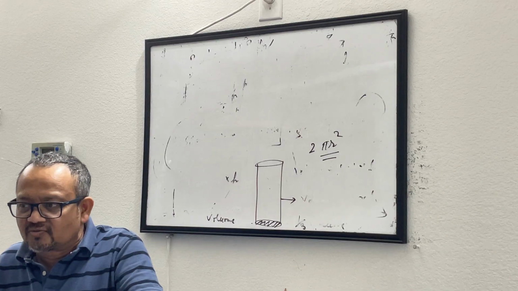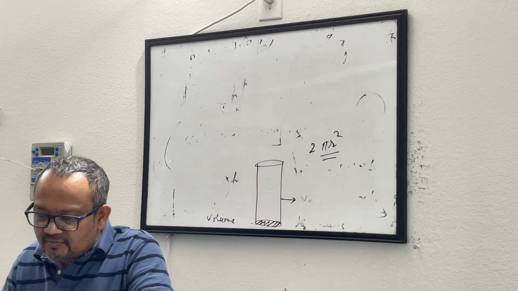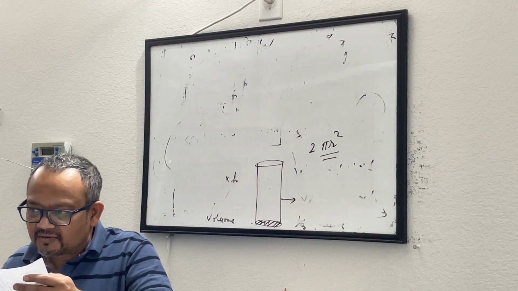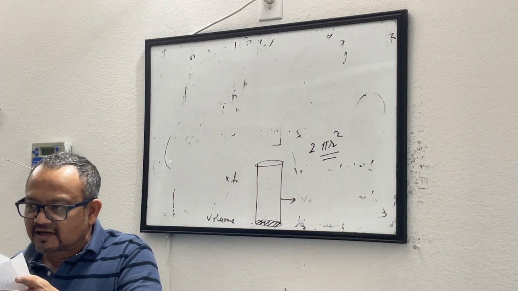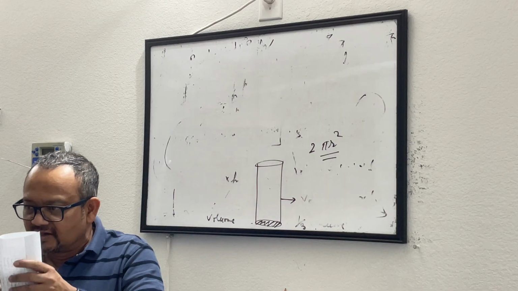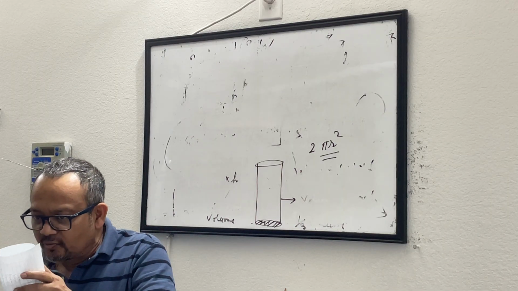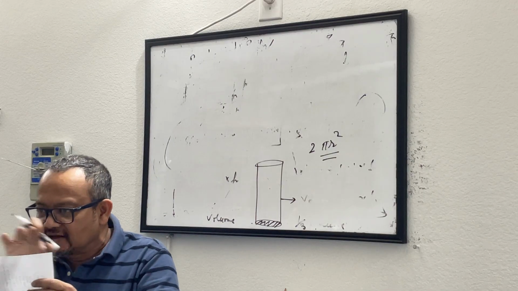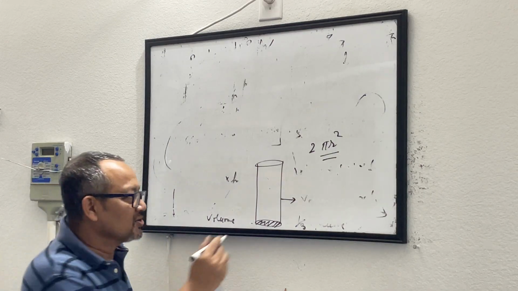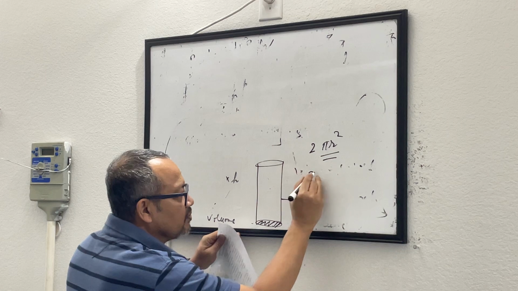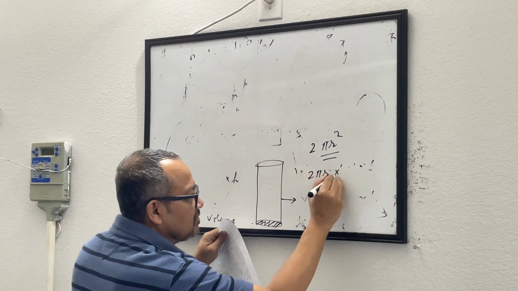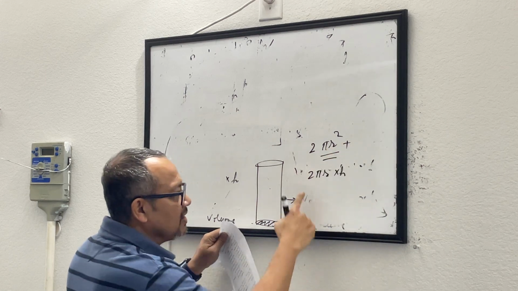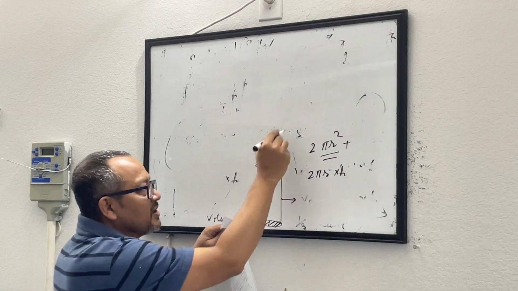Your circumference is 2 pi r. That 2 pi r became one of the sides of the rectangle, and height is the second side. This is your height. So curved surface is 2 pi r into h. So 2 pi r squared plus 2 pi r h. This becomes your surface area.